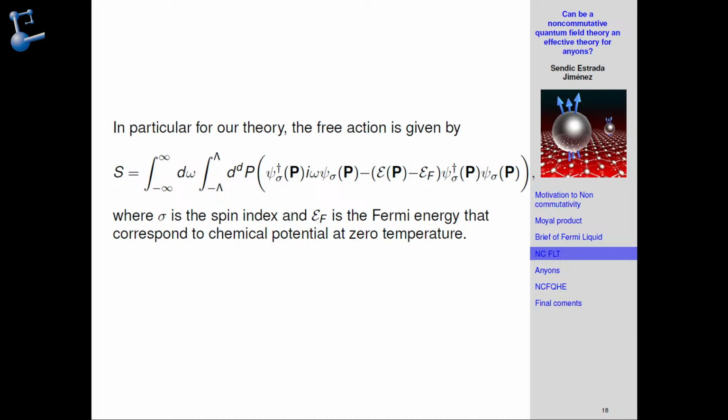In particular, for our theory, the free action is given by this expression. In this expression, sigma is the spin index, and epsilon_F is the Fermi energy that corresponds to the chemical potential at 0 temperature.